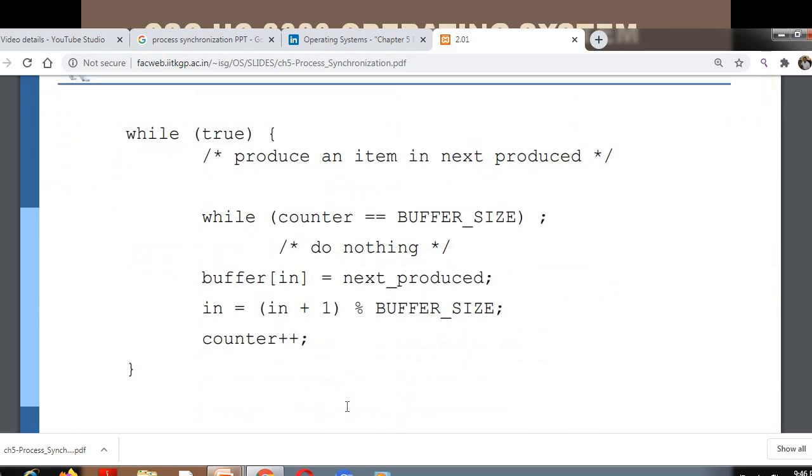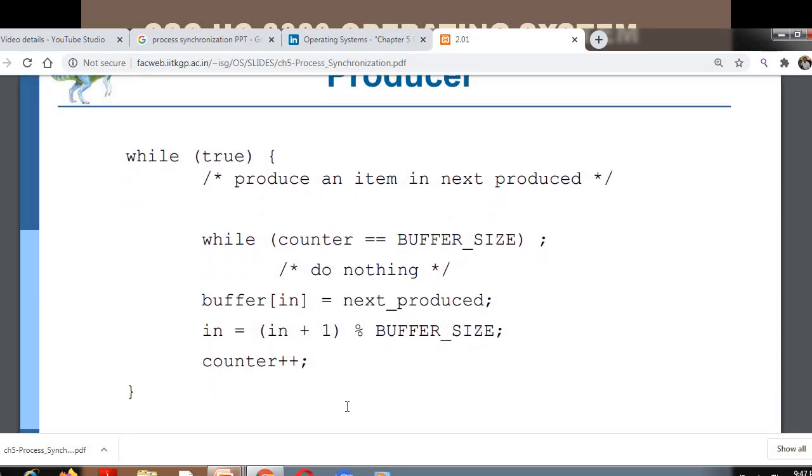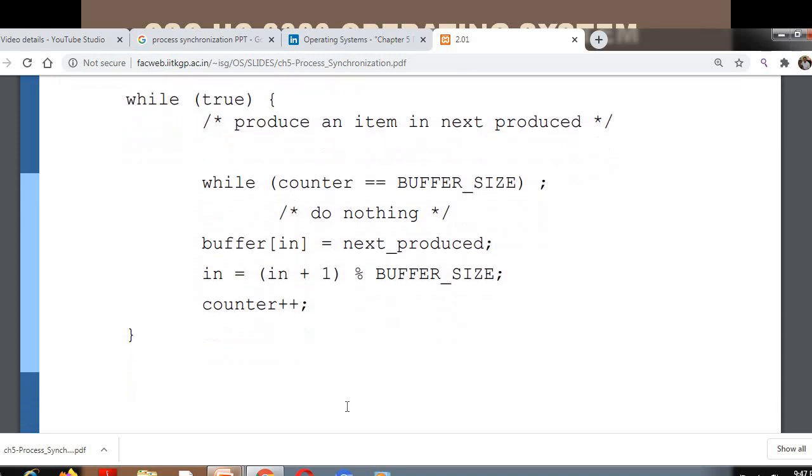If we see the code for the producer: while true, produce an item in next produced, while counter equals buffer size. Then next produced is put in the buffer, the buffer index is incremented, and the counter is incremented. That means when the producer produces, the buffer index is incremented as well as the counter.